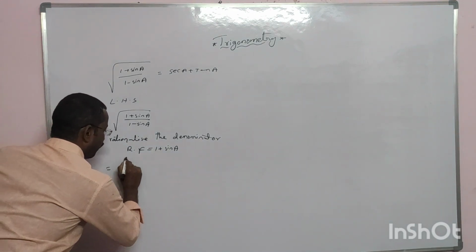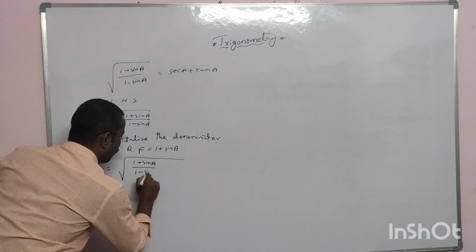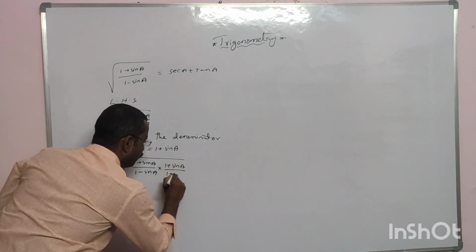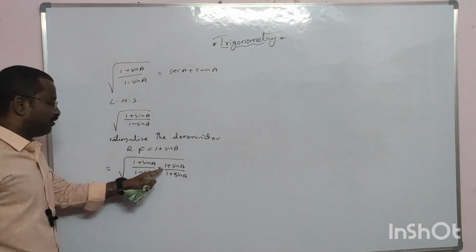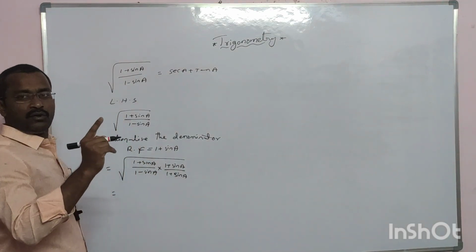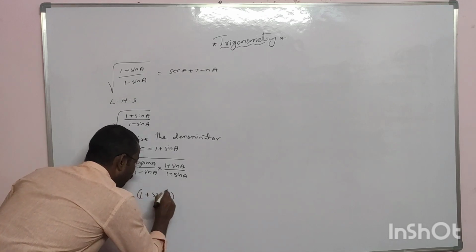Now what will we do? Under root of 1 plus sin A by 1 minus sin A into 1 plus sin A by 1 plus sin A. This is rationalizing the denominator. In the numerator, 1 plus sin A into 1 plus sin A, which is 1 plus sin A whole square.